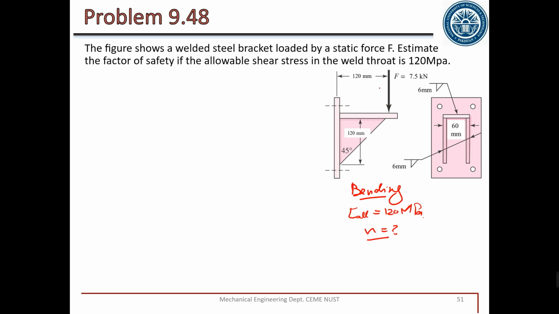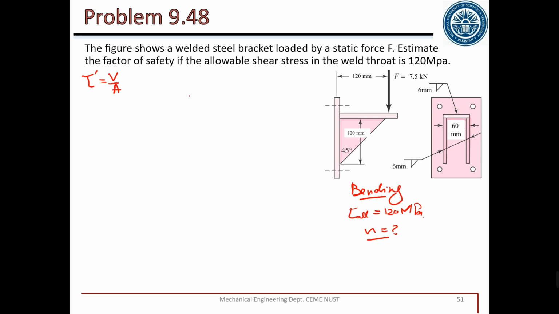So this is a case of bending, starting with primary shear. The magnitude of primary shear, tau prime, is equal to V by A. V is 7.5 kilonewton. And what is the area? Length plus length plus length: 120 plus 120 plus 60, so 240 plus 60, 300.